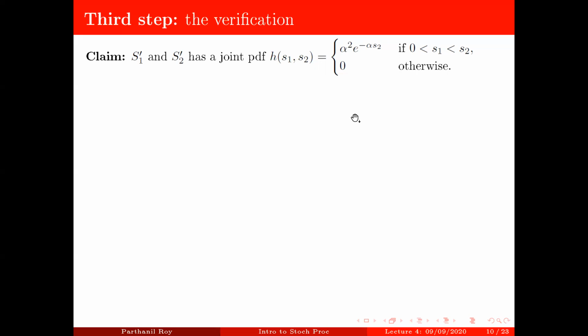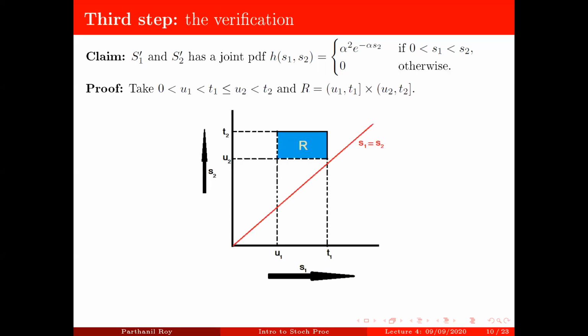Now let's try to understand what we need to do to prove this claim. All we have to do is take any rectangle R which lies above this S1 equal to S2 line. So this is the 45-degree line going through the origin.